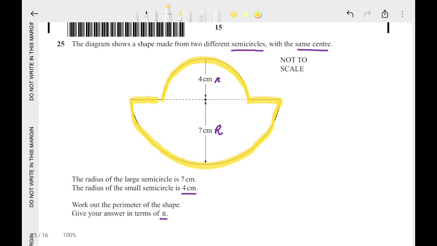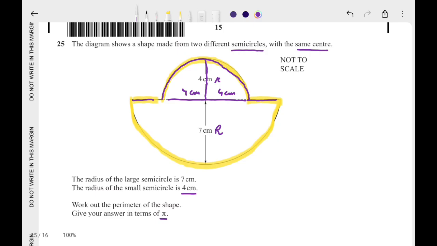So first of all, let us find out these small segments. As this is a semicircle and this is a radius and this whole is the diameter, this is also 4 centimeters and this is also 4 centimeters, because radii of a semicircle or a circle are the same.